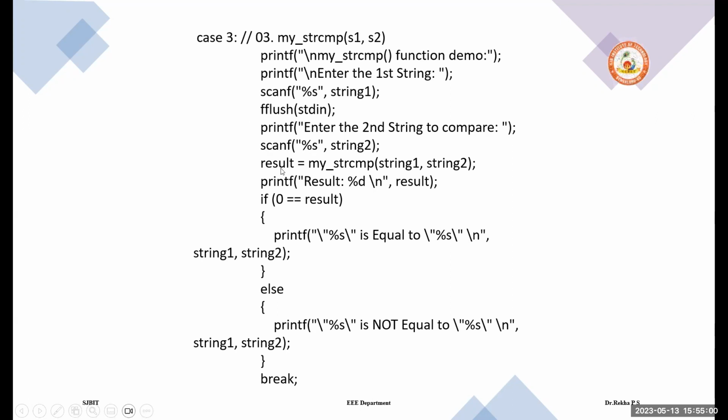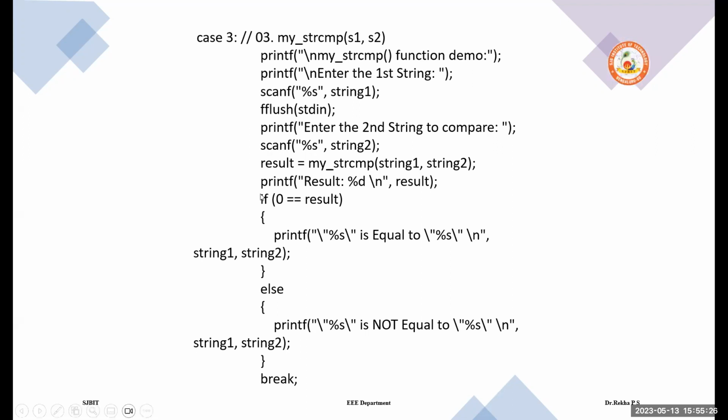The value will be 0 if both the strings are equal. Otherwise, it returns something other than 0. Now you catch that result value and print it.